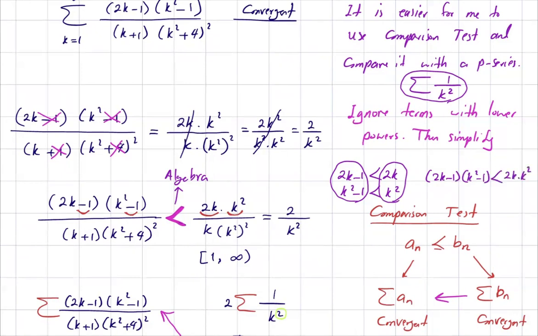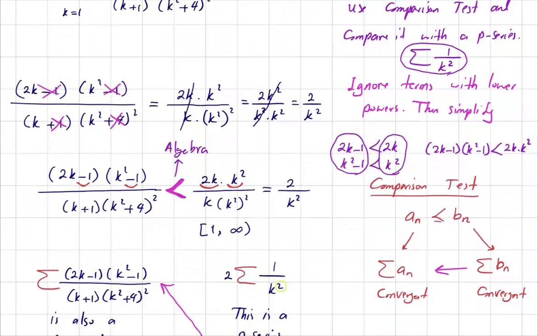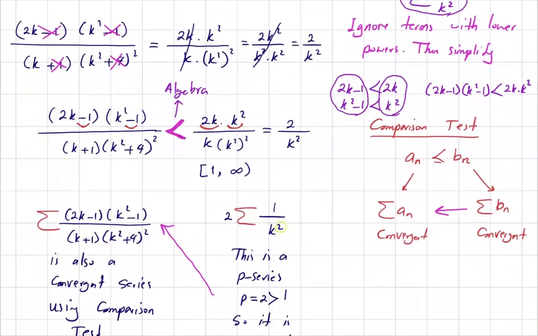And then just divide everything by k plus 1 times k squared plus 4 to power 2 because it's just a positive number. But at the same time, if you do the algebra, you can see that 1 divided by k plus 1 times k squared plus 4 to power 2 is less than 2 divided by k squared. So that's how you can use algebra and show that the series on the left-hand side has general term which is less than the general term of the series on the right-hand side. That's how you can apply comparison test.